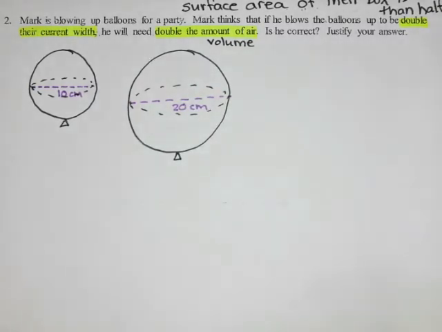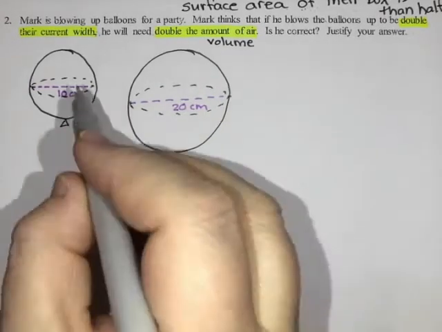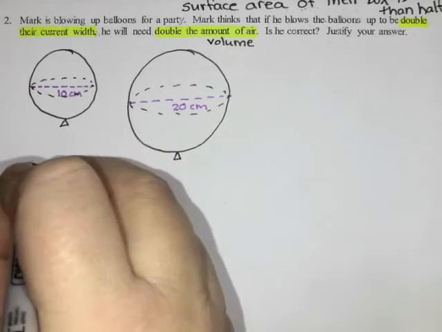Then all I need to do is calculate the two volumes and see whether or not I'm right. It doesn't matter what you pick for your diameter. You could have picked 7 or 300, and as long as you're doing double, it really doesn't make a difference.